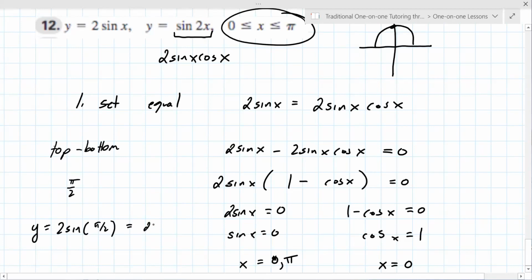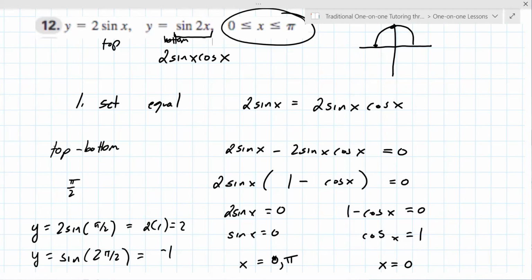That's 1. So it's 2 times 1, which is 2. And then sine of 2 times pi over 2, that's at pi, that's over here, that's -1. So we would probably say this is the top and this is the bottom.